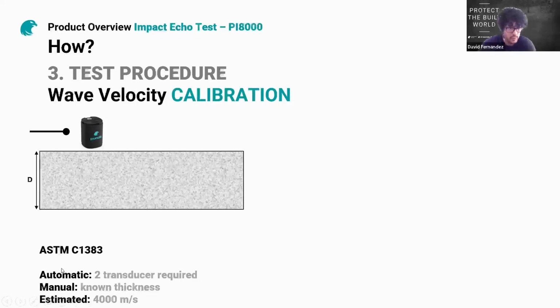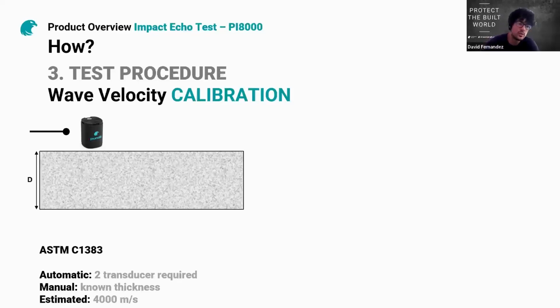One of them is the automatic calibration. For that, you need two transducers that you put separated from each other by around 300 millimeters. This is something we don't provide with this first version of the sensor, because it requires two transducers and it's much more expensive. It's almost double the price.